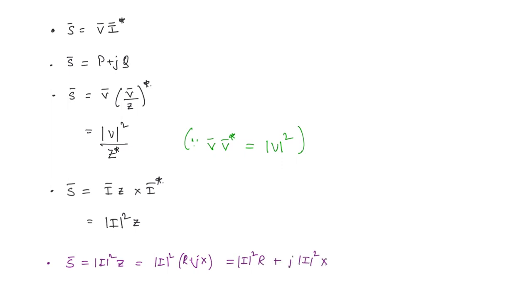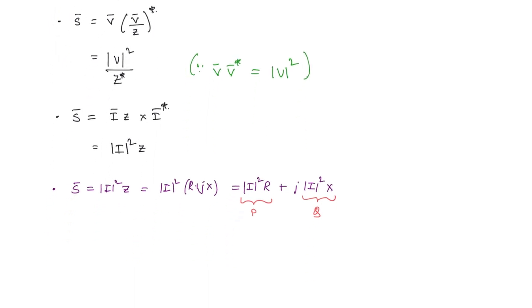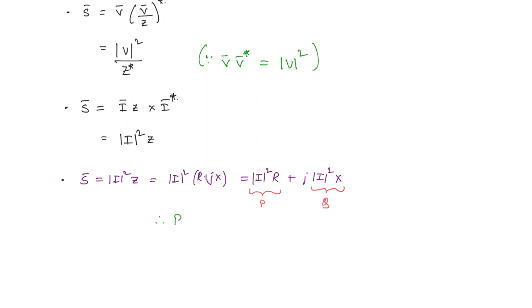But we know that the real part of S is P, so P is equal to I square R, and the imaginary part of S is Q. So Q you can write as I square X. Therefore, P is equal to I RMS square into R, because remember we are using the RMS values here.